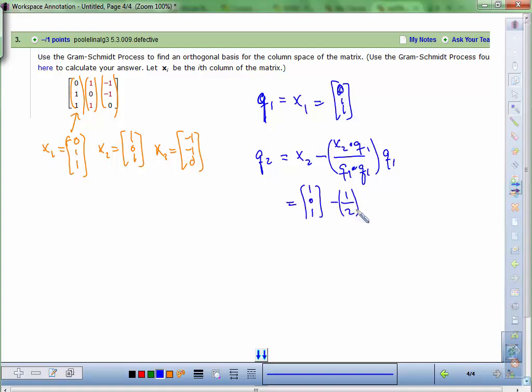So there's a 1/2 there, and q1 is 0, 1, 1. So this turns out to be 1 minus 0, 0 minus 1/2, and 1 minus 1/2. So that's Q2.